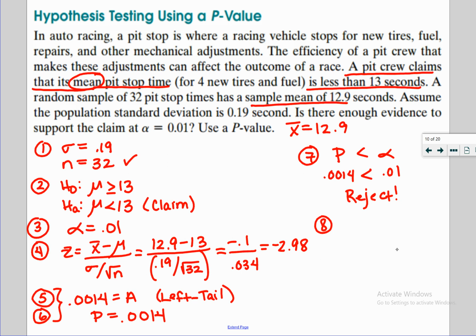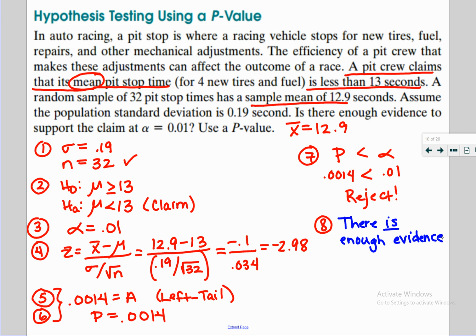If you reject, we say there is enough evidence. If you do not reject, we say there is not enough evidence, okay? But the goal usually when we are doing something as a researcher is to reject. We like to reject something. That means we have enough evidence for something to happen. So rejecting is good in statistics.